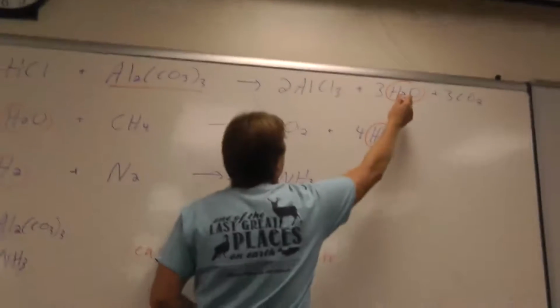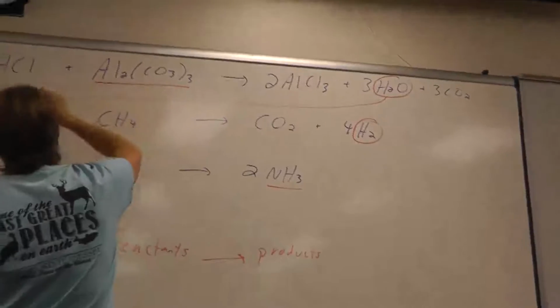Now, a while ago I said that everything on the left of the arrow was considered reactants and everything on the right was considered products. That's technically true. But when you have a sequence like this, you've also got some things that show up as both.